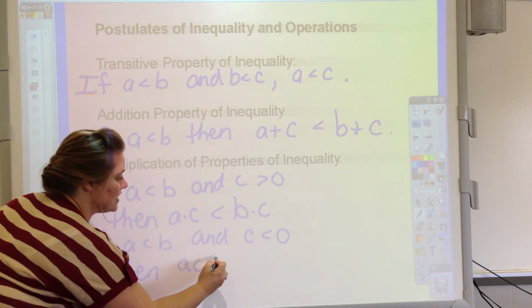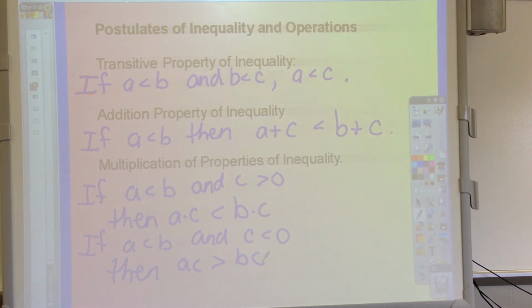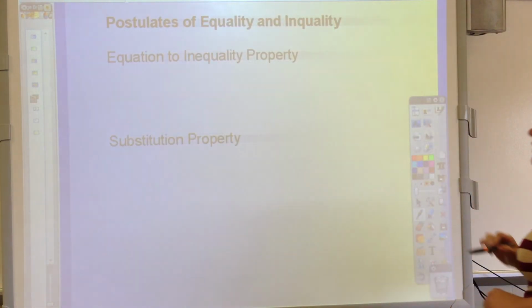Then A times C is going to be greater than B times C. All right, go ahead and get those written down, and let's move on.